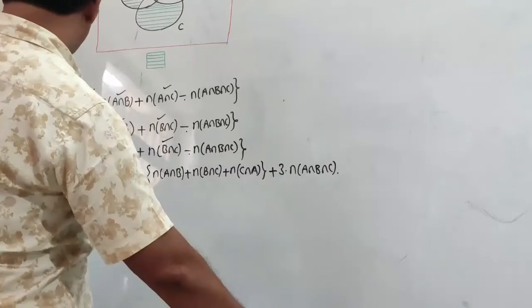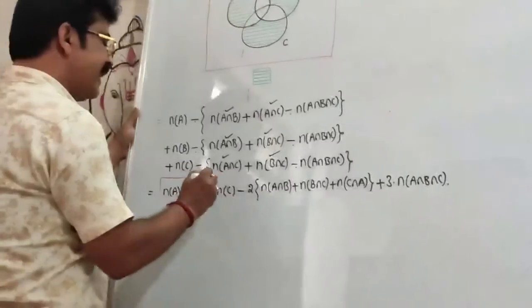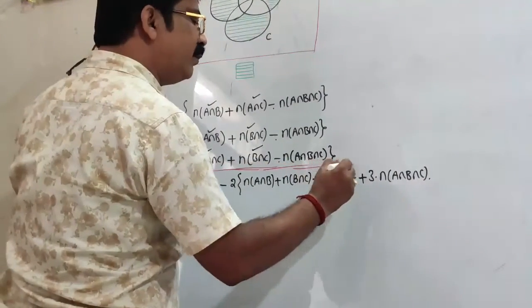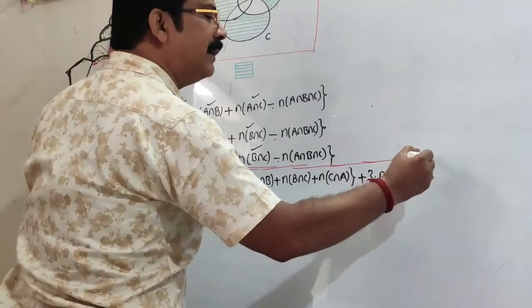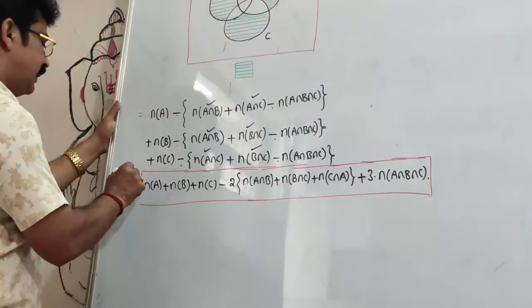So this is the formula for finding the number of elements in exactly one set out of given three sets. This is important.